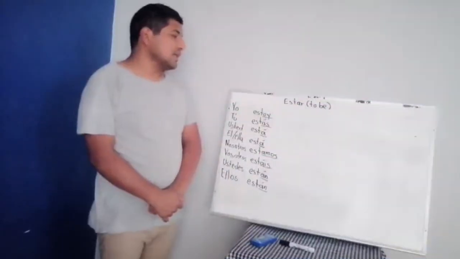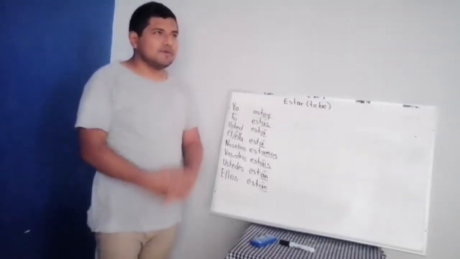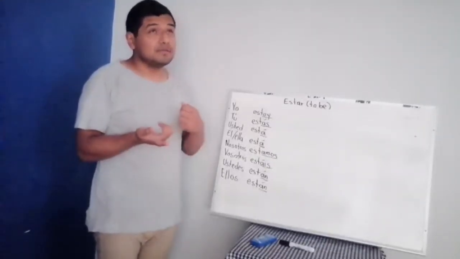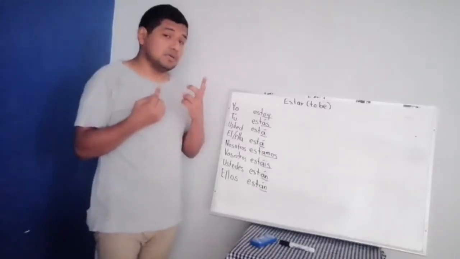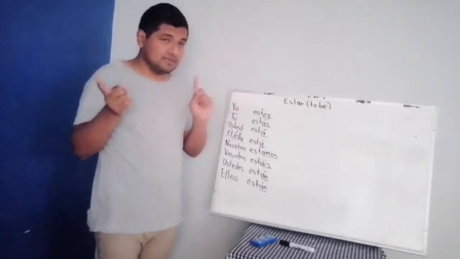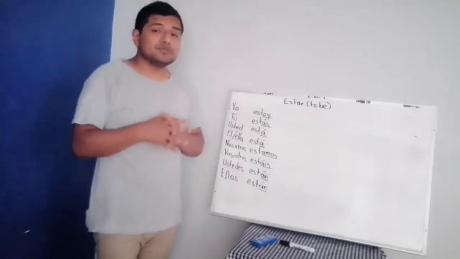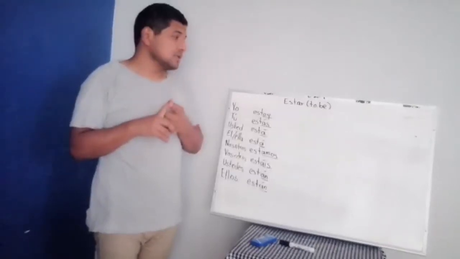Well, the verb estar is kind of different in general from the verb ser, because the translation of the verb to be is two different verbs, estar and ser. Estar is used to describe temporal actions.